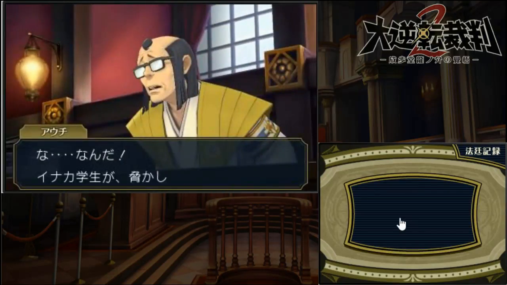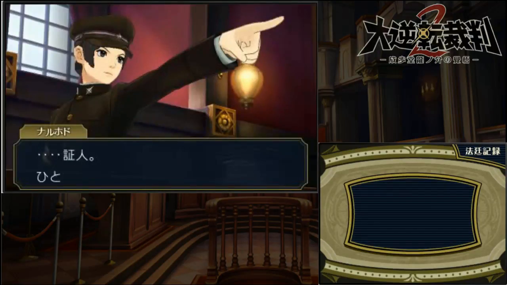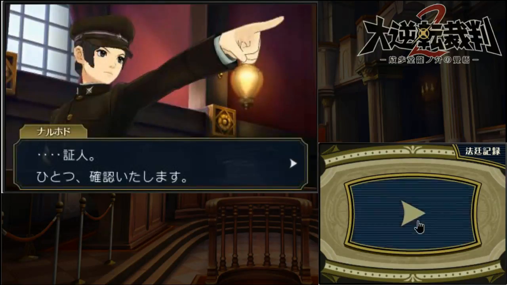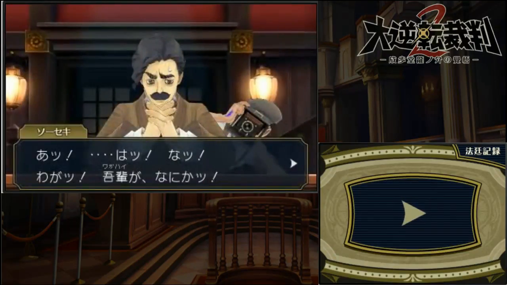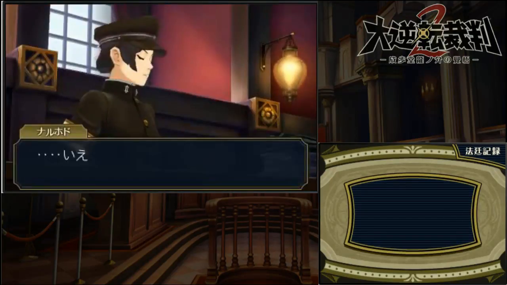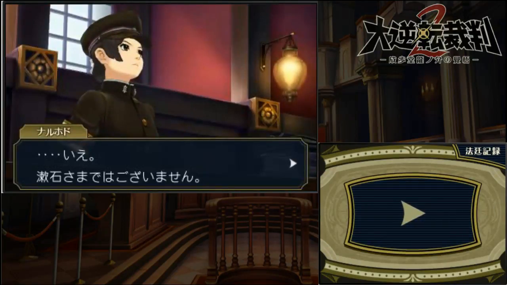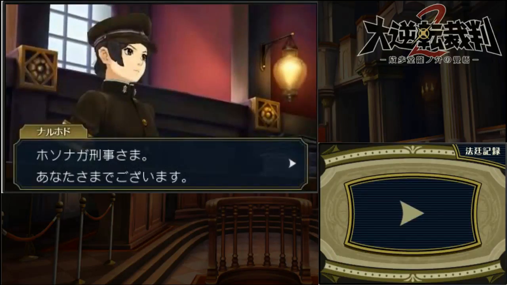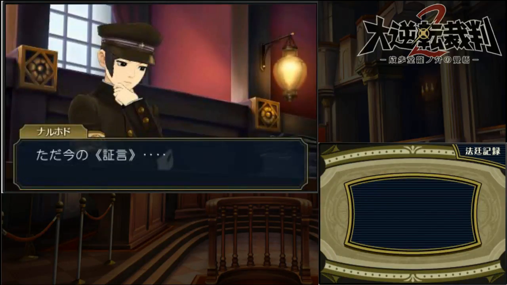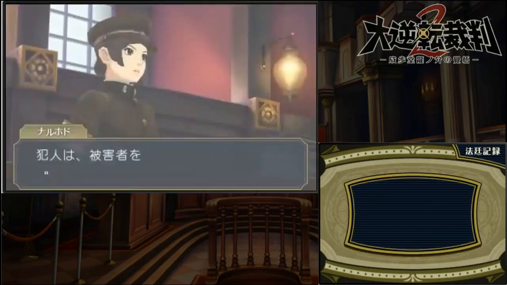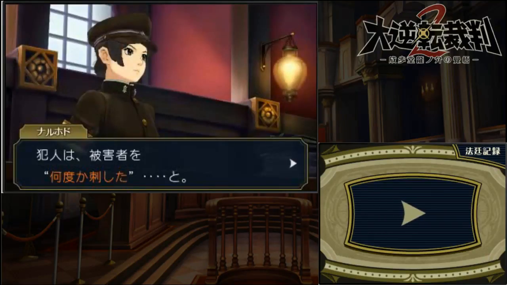That's cheating. What? How dare you act so threateningly, you lowly student? Witness, allow me to clarify one thing. What can I do for you? No, I'm not referring to you, Soseki-sama, but you, Inspector Hosonaga-sama. Me? In your testimony, you said this. The killer stabbed the victim multiple times, correct?